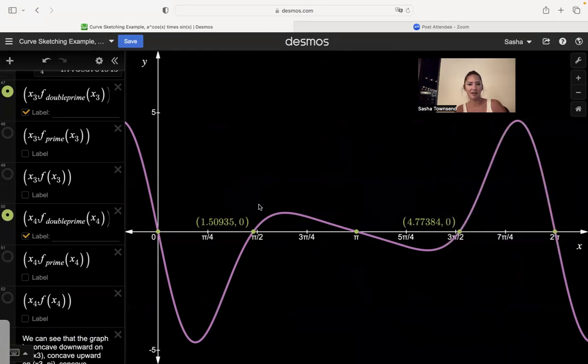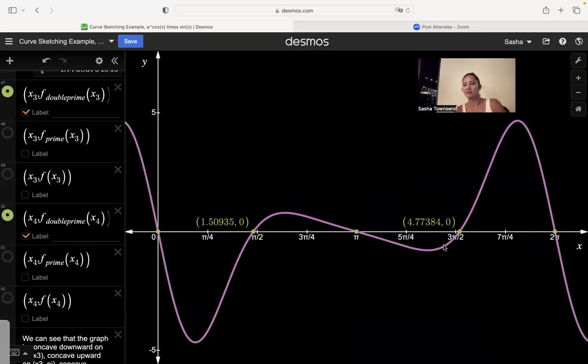So this is what we've got. And we see that the second derivative is negative between 0 and that 1.509 number. So since the second derivative is negative, the original function should be concave downward. And then the second derivative is positive from 1.509 to pi. So the original function should be concave upward.